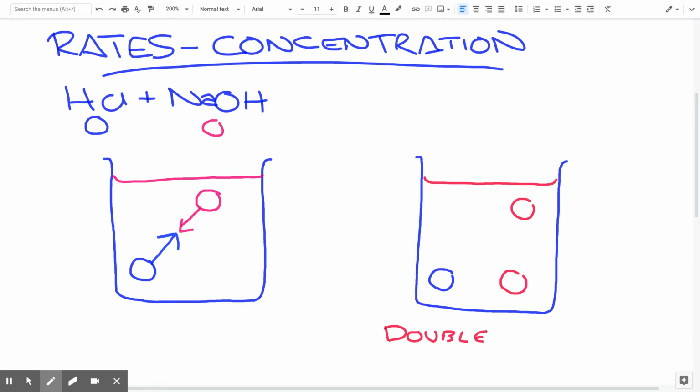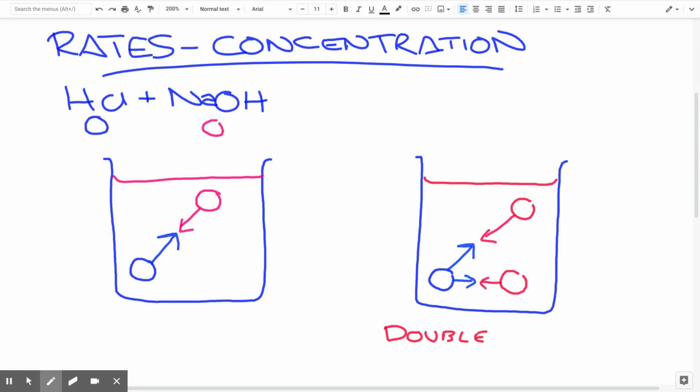But the same situation can be quite easily achieved if you have a solution and you affect the concentration, because it's quite easy to use, for example, a 1 molar solution of sodium hydroxide compared to what we have now, arguably in this situation, a 2 molar concentration of sodium hydroxide.